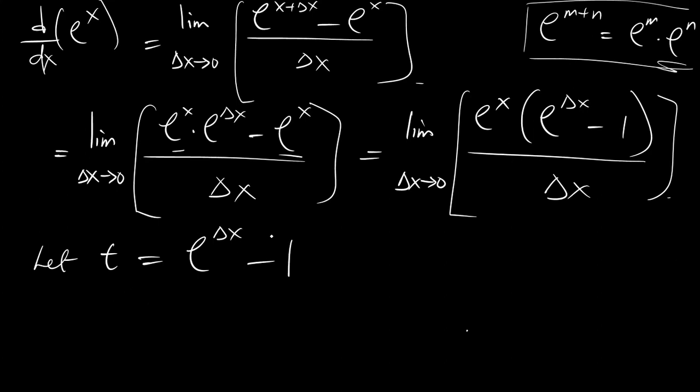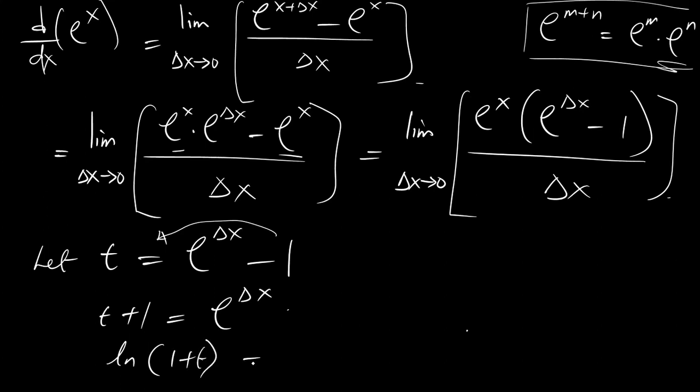Moving this minus 1 to the other side, you have t plus 1 equal to e raised to power delta x. Taking the natural log of both sides, you have ln of 1 plus t equal to ln of e to power delta x.